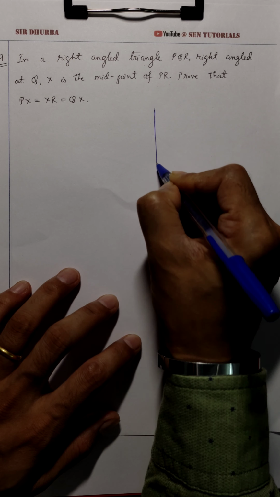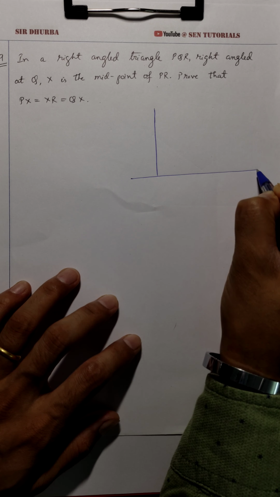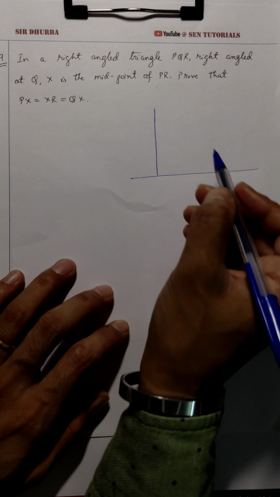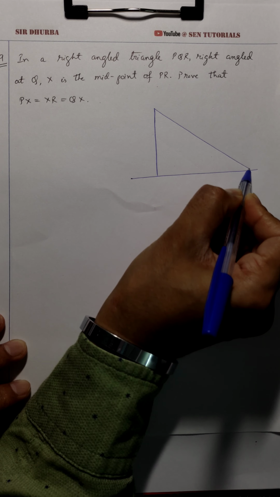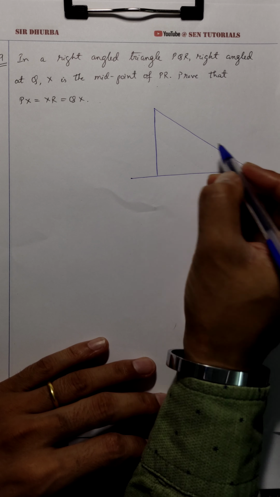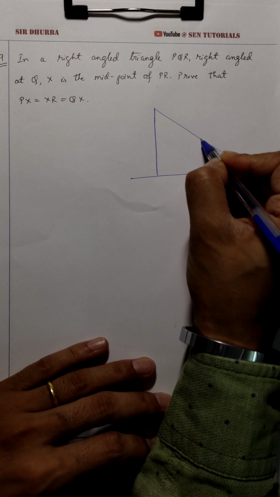I'll just draw with my free hand. This is a common question, similar to proving that the midpoint of the hypotenuse is equidistant from its vertices. So this is just another version of that question.